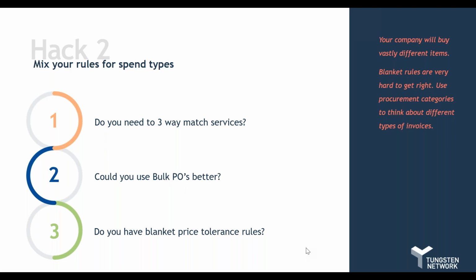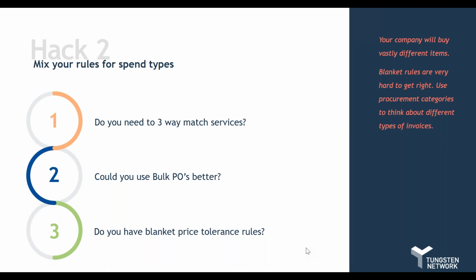So I've got the example here: just have a think, do you need to three-way match services? Is buying a service really the same as buying nuts and bolts? But you can use that category structure that procurement are using, and just take a look at that and start thinking about the invoices you get in for those categories.